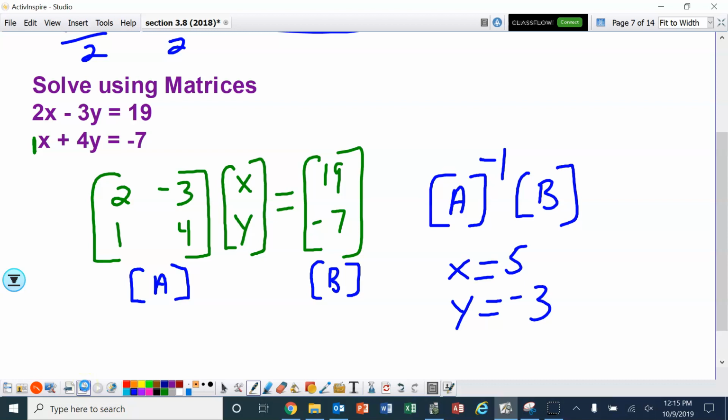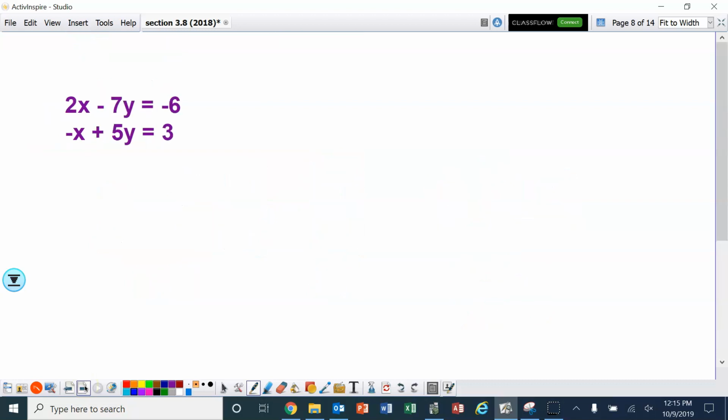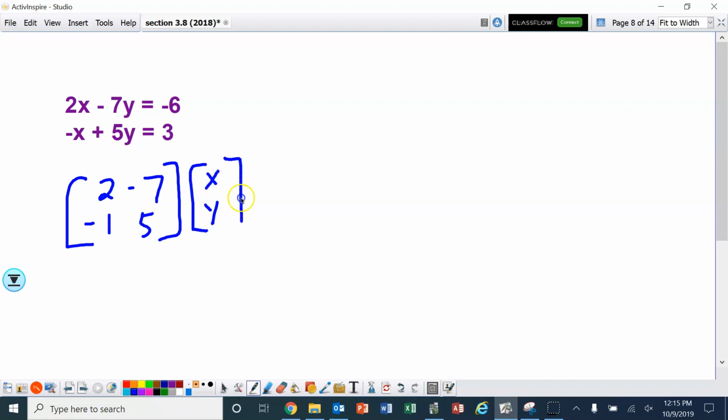Okay, let's do another one. Okay, so here we go. This is 2, -7, -1, 5. And xy equals the -6, 3.